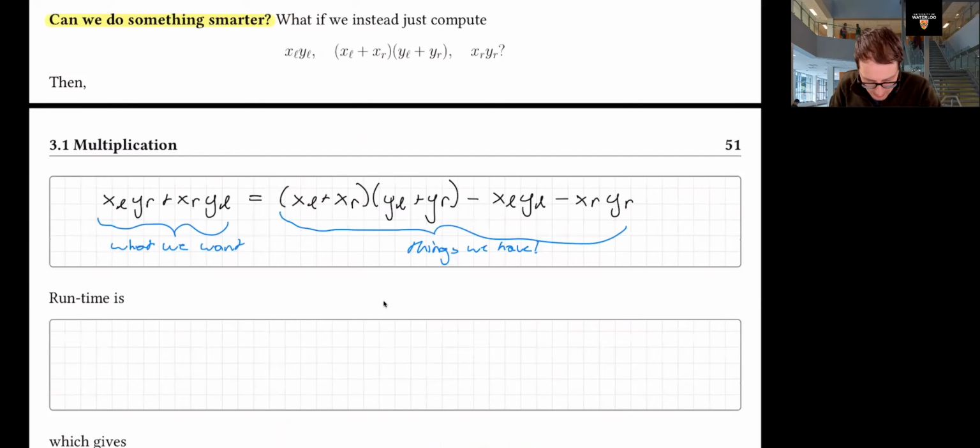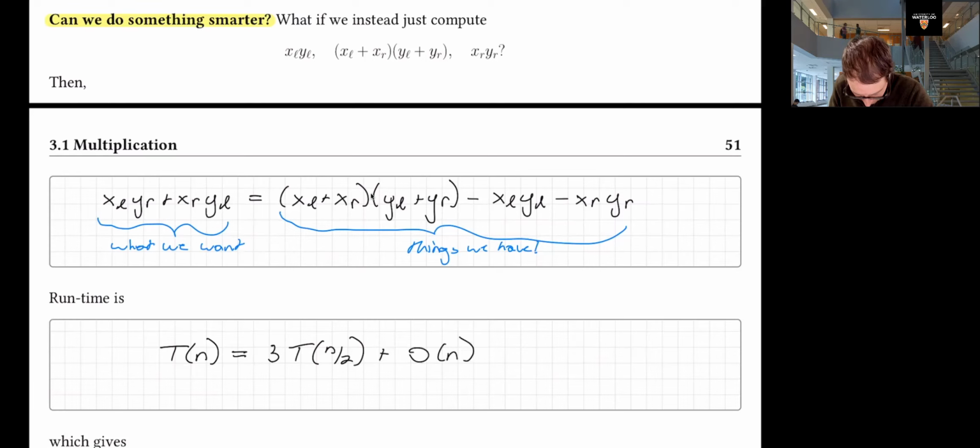So this now means that to solve a problem of size n, we instead do 3 n/2 bit multiplications. Like I said, this is actually n/2 plus 1 bits, but that doesn't really matter. Plus the time to combine them, big O of n.